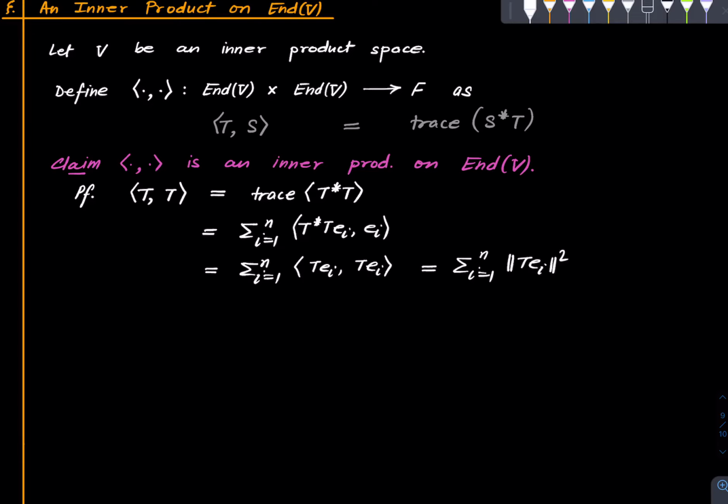Right. So this is always non-negative, and it is 0 if and only if each Ti is 0, which is if and only if T is 0. So the positivity condition that is required by an inner product is satisfied. And the other conditions, the bilinearity ones, I leave you to check.